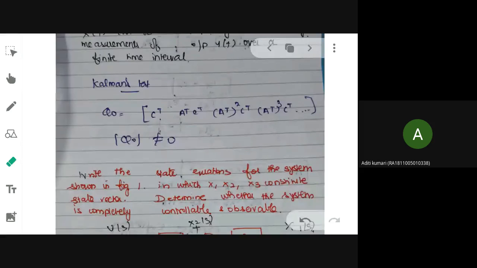What is the formula? Qo is equal to C transpose, A transpose C transpose, A transpose the whole square C transpose, and the formula will go on. Again, the determinant should not be equal to 0. It should be a non-zero element. Then, if it is so, the system is said to be observable. Otherwise, it is not.